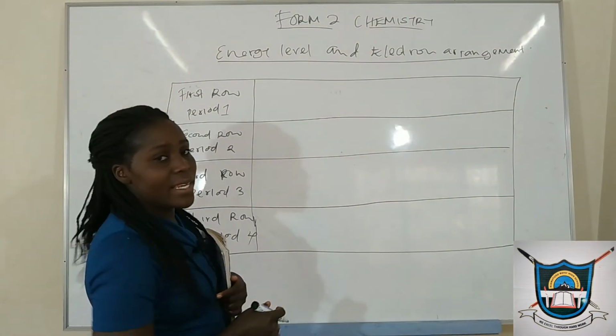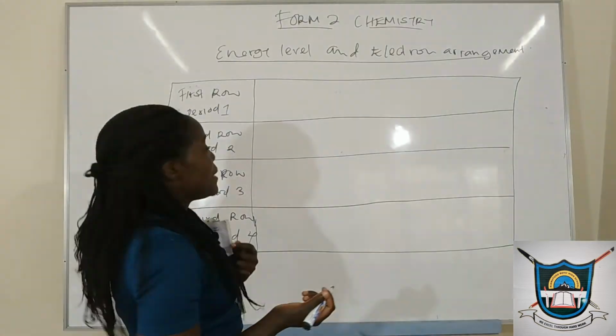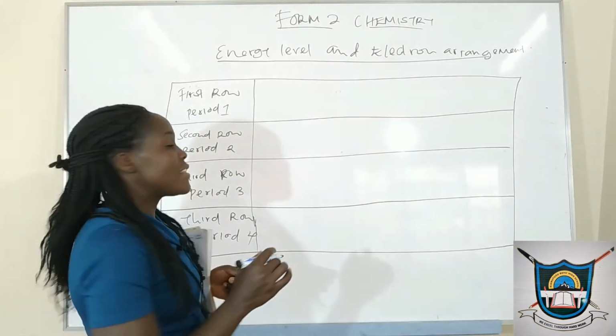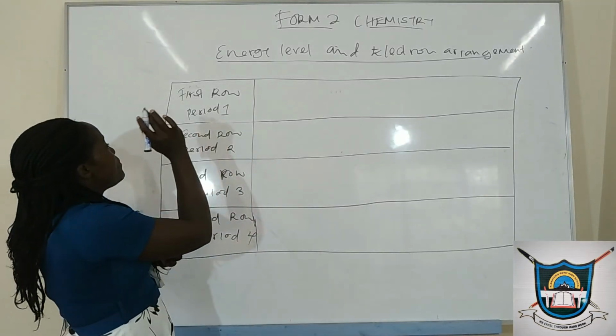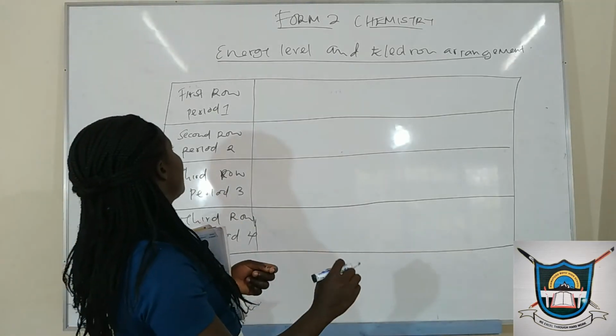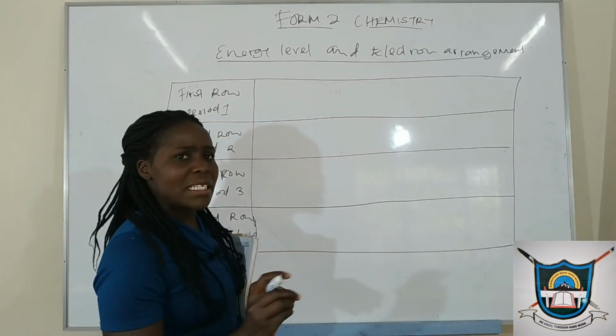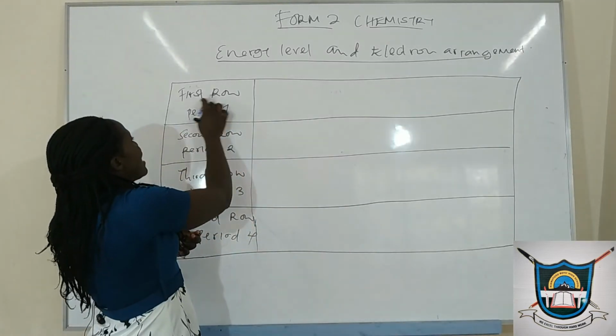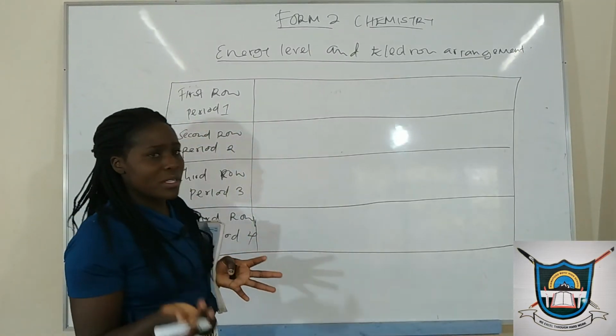So we've said the elements with the same number of energy levels fall in the same period. For period 1, we have hydrogen and helium, and those elements, again with the same number of energy levels, are arranged in the same row in the periodic table.